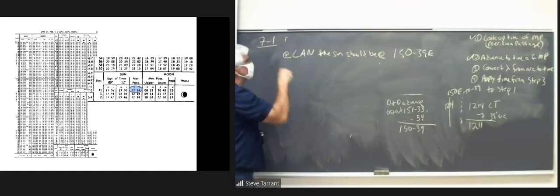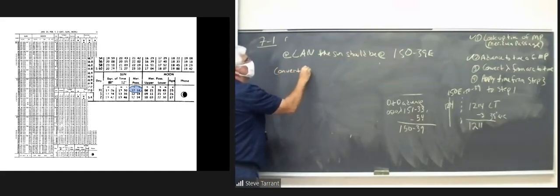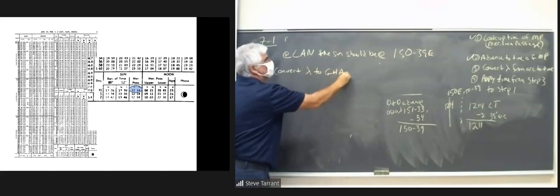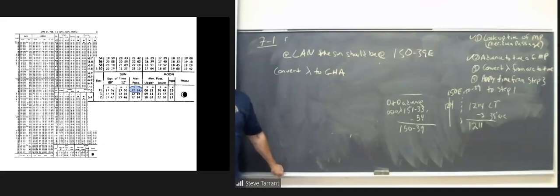What you need to do is convert longitude to GHA. Now, when you're in the Western Hemisphere, longitude equals GHA.